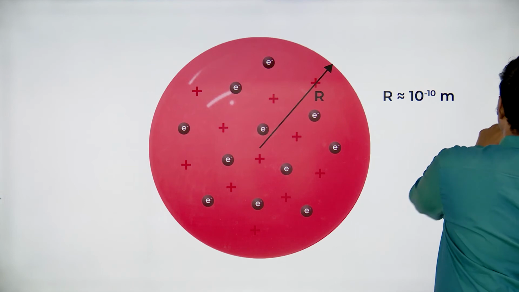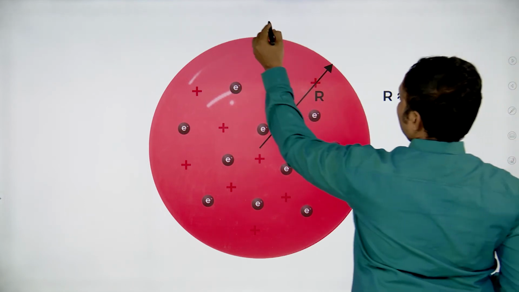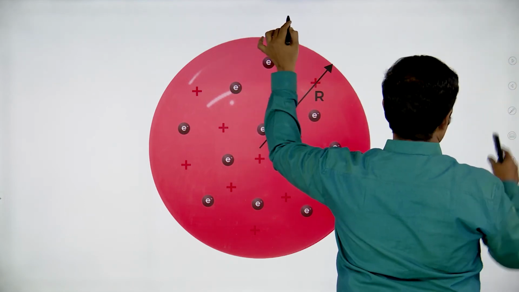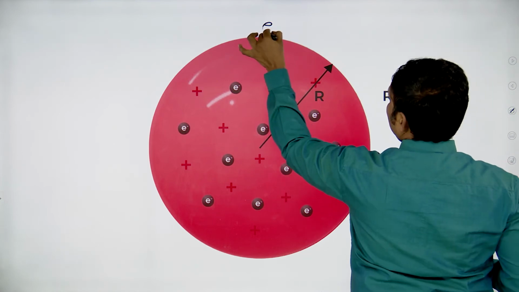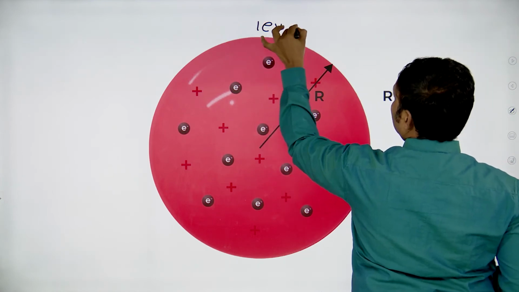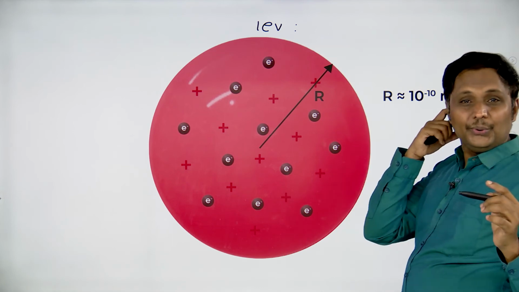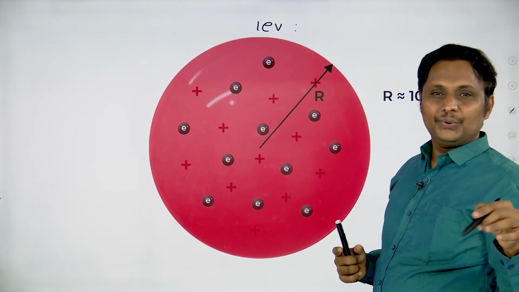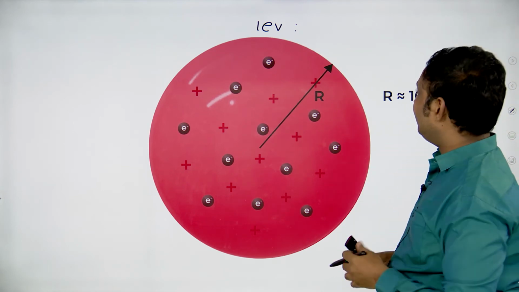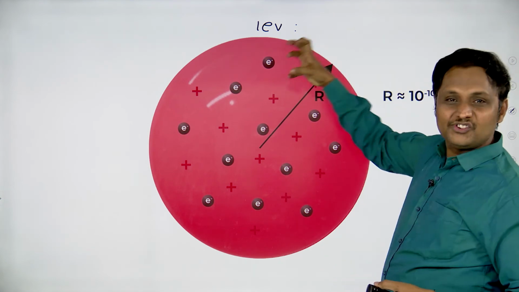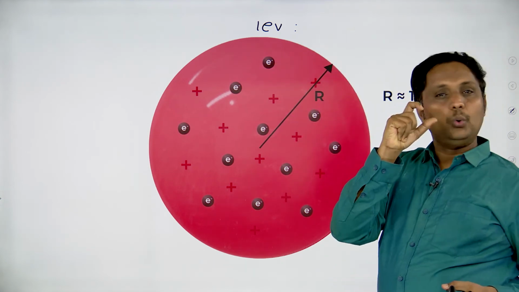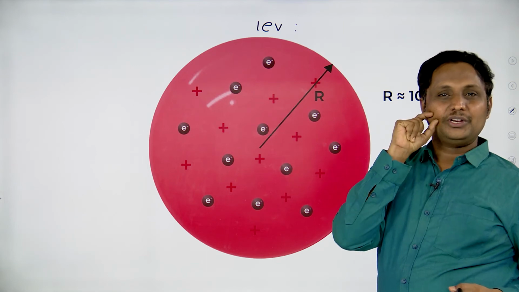Okay, 1 electron volt, 1 eV: it is the energy taken in order to displace the charge of 1 coulomb through a unit distance.